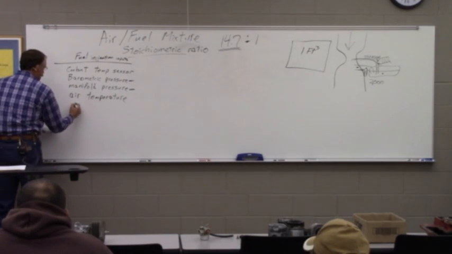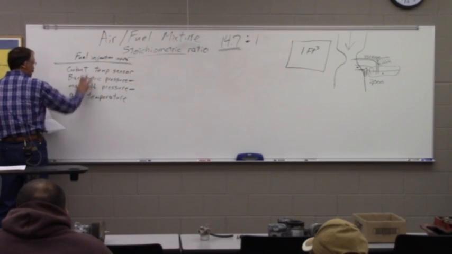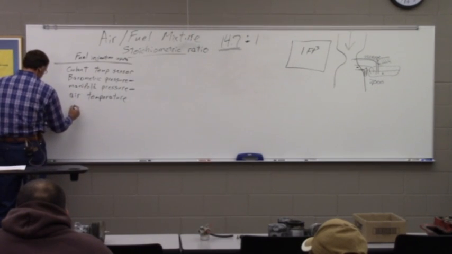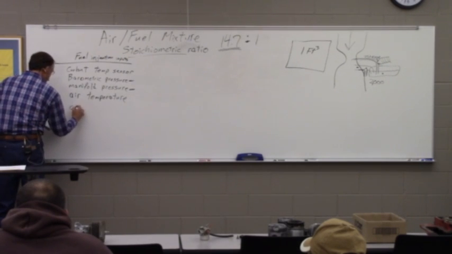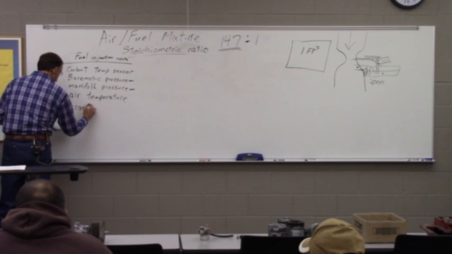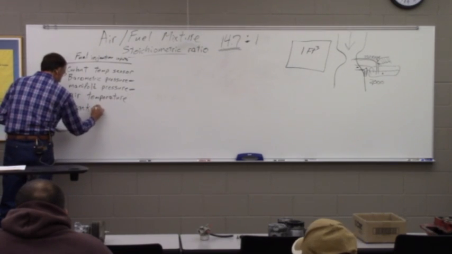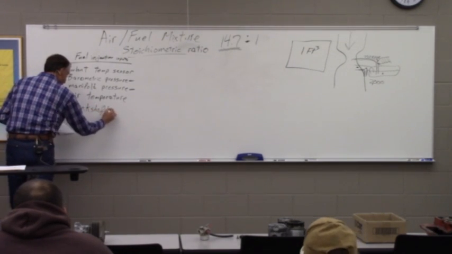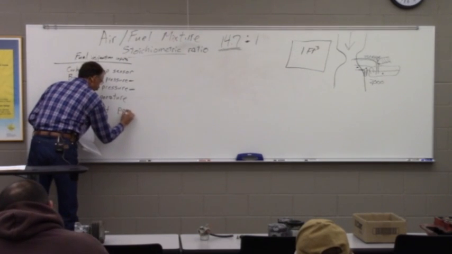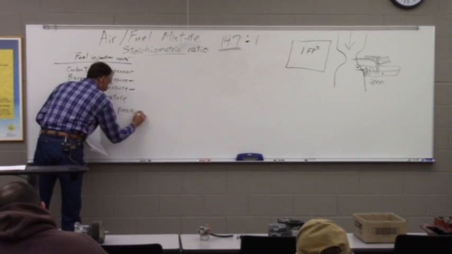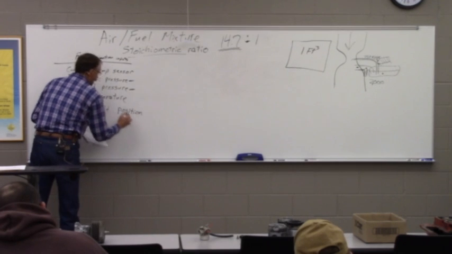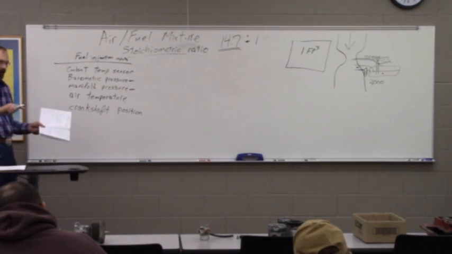So those things are all really important. So the other thing is they're typically all going to work with crankshaft position sensor. Some of the systems are only monitoring that so they know how fast we're turning the engine.